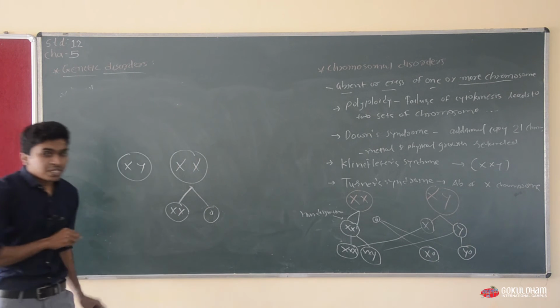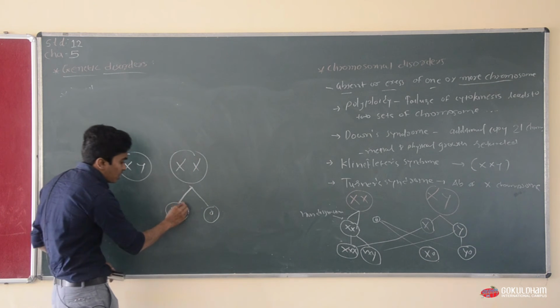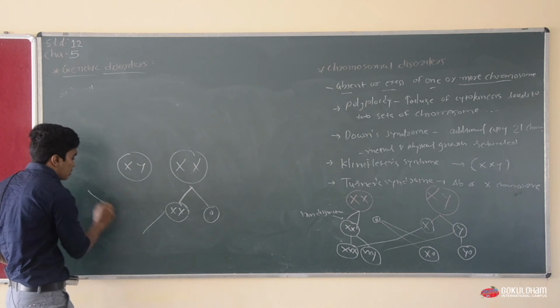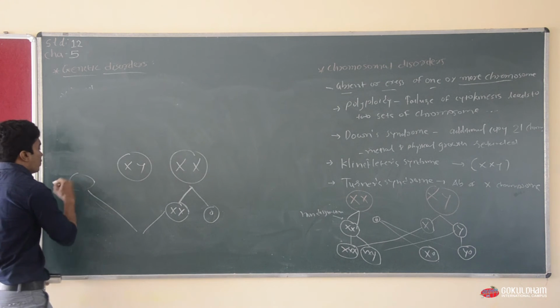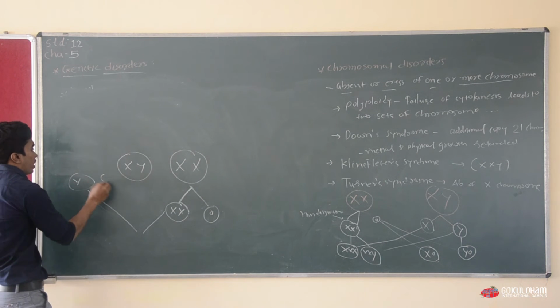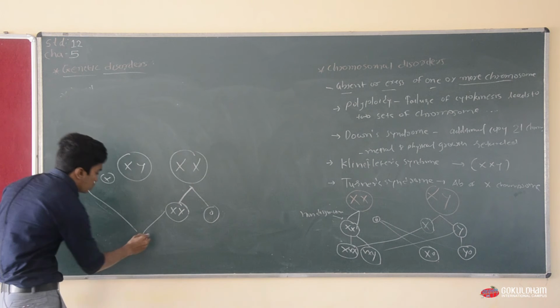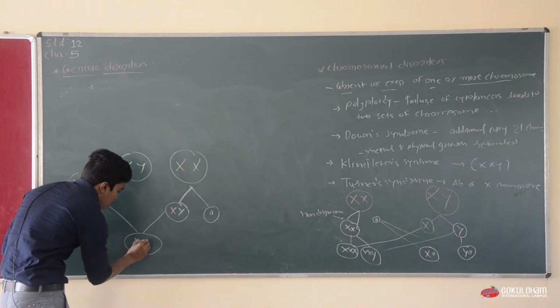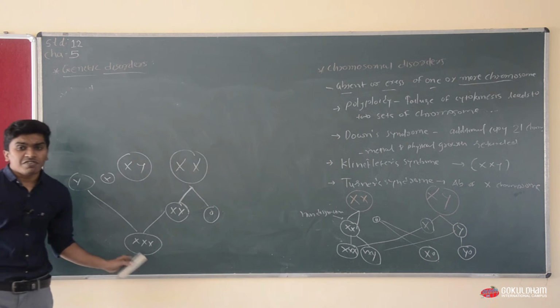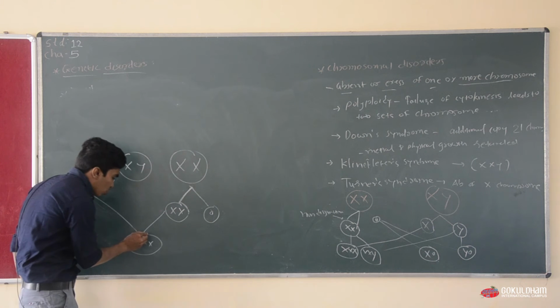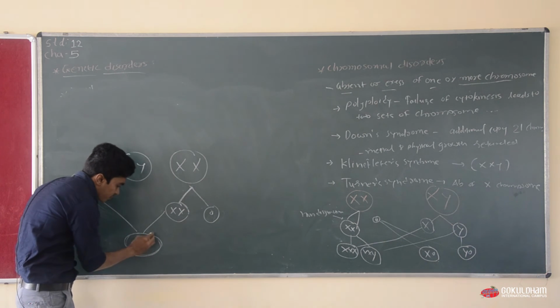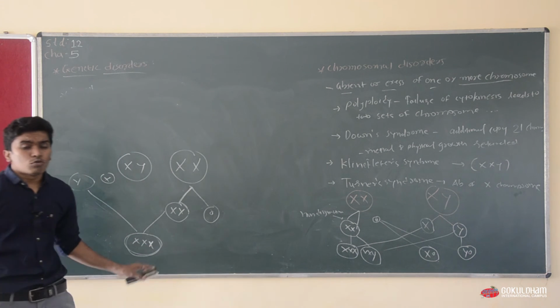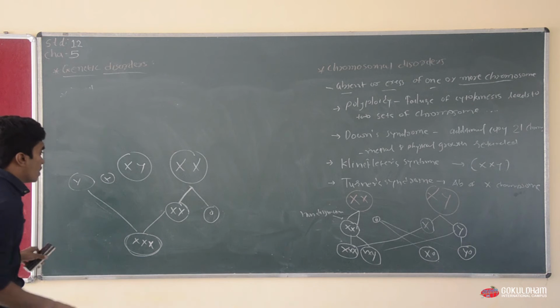Zero chromosome. When this gamete fuses with another gamete of male, Y or X, it will have one more extra chromosome. So this is known as a chromosomal disorder.